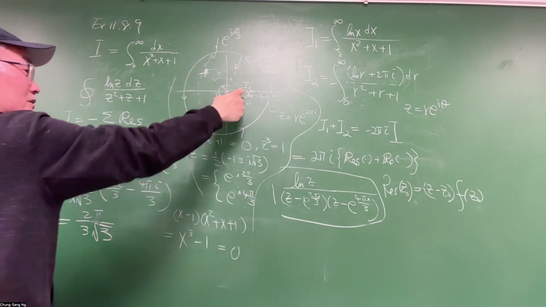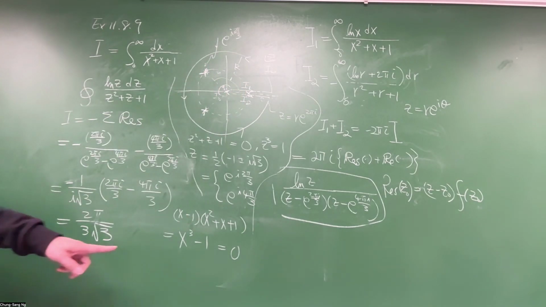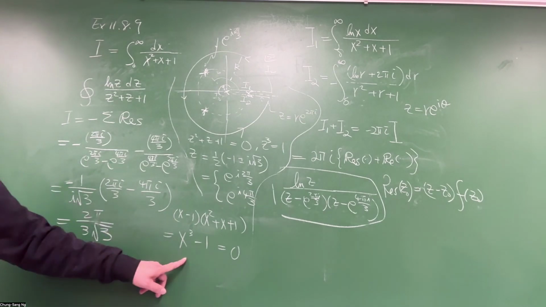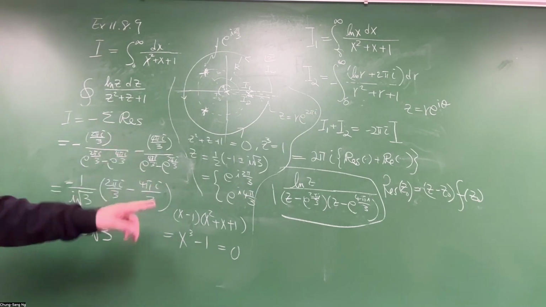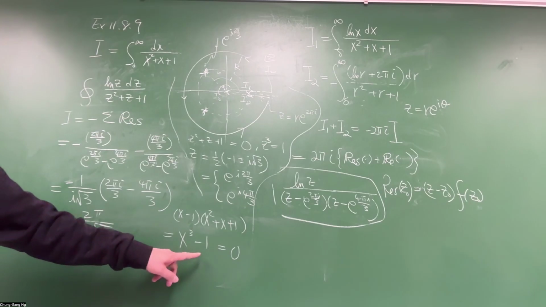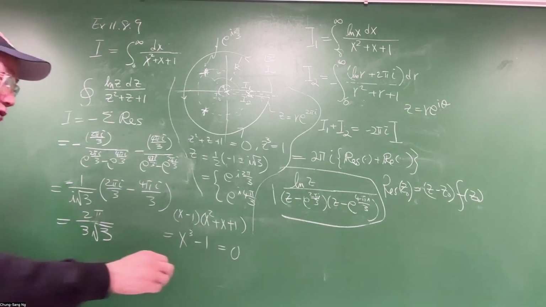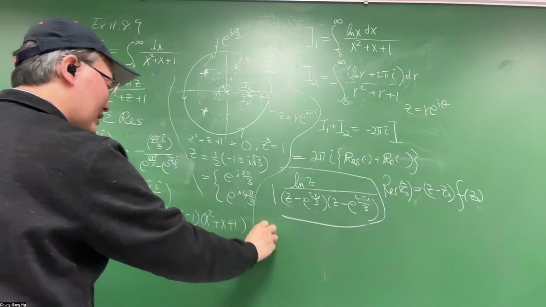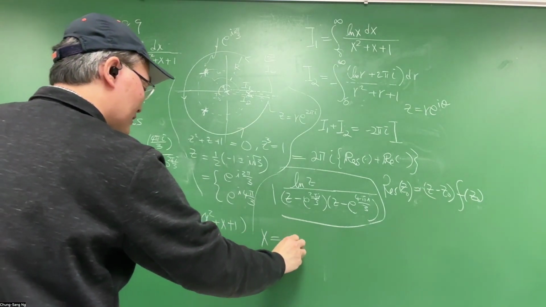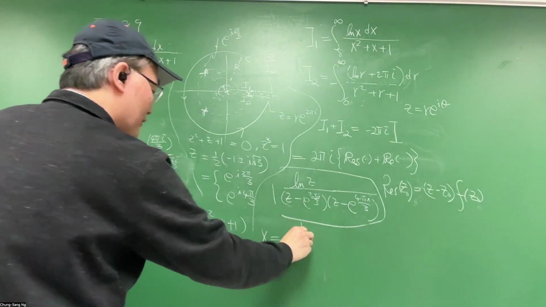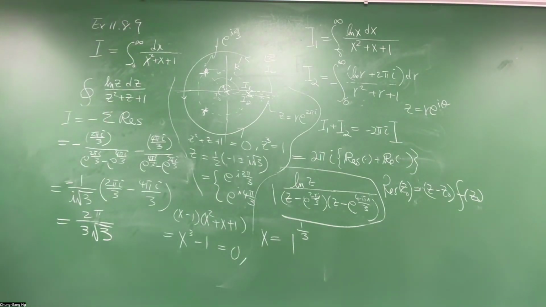There are 3 roots. Can you see that? This is when you first learn complex numbers, you use it to solve equations like that. The ordinary solution is x equals 1 to the 1/3.